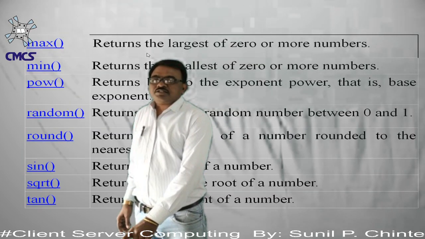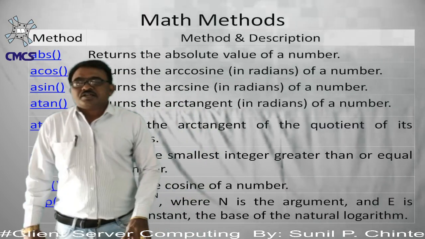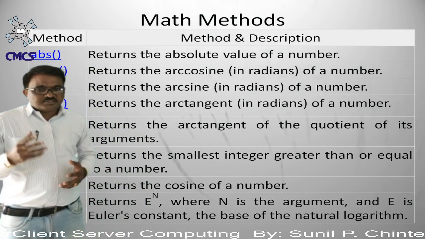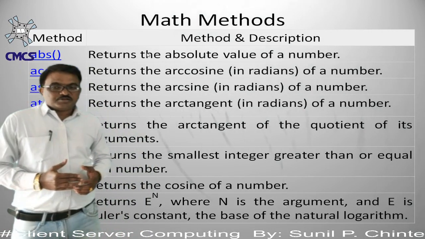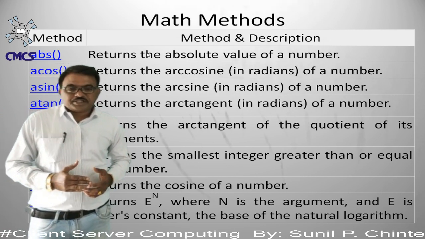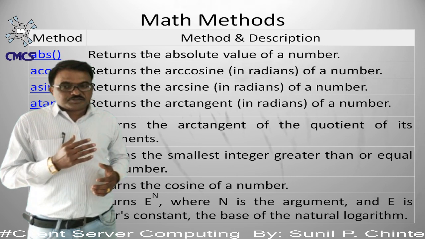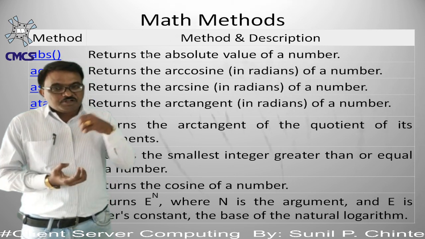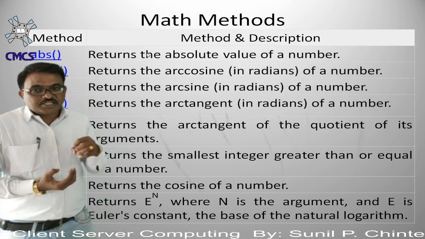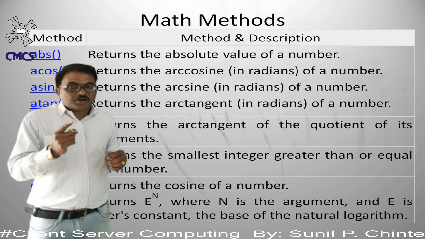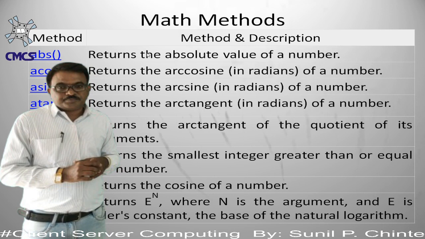So these are different methods that can be used with the math object. Let's see the meaning of every method. The abs method returns the absolute value of a number. If you want to get the absolute value, at that time we can use this abs method by using Math.abs.